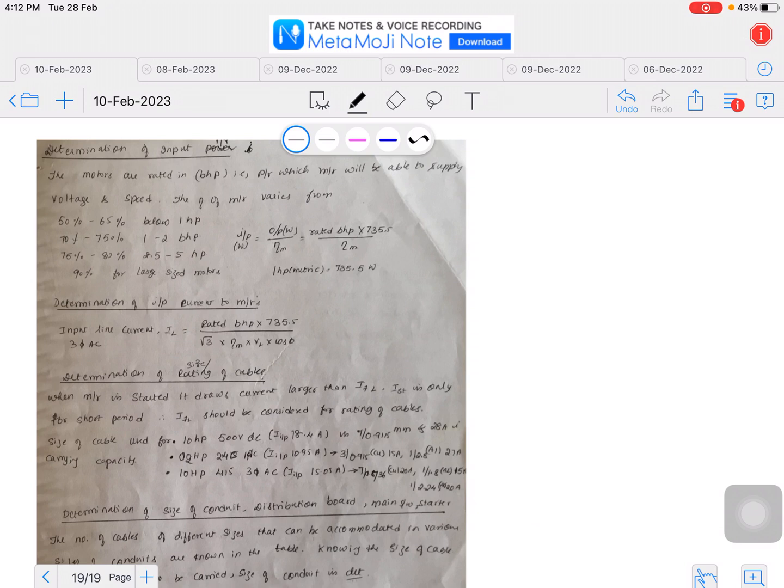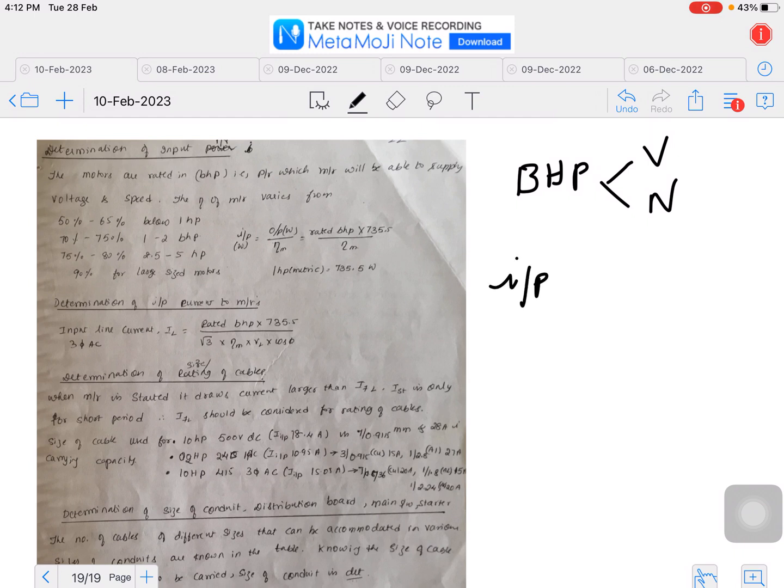Generally we see that the motors are rated in BHP. BHP is brake horsepower. This is the power with which the motor can supply at the given voltage and speed. The input power for the motor is always greater than that of the output.